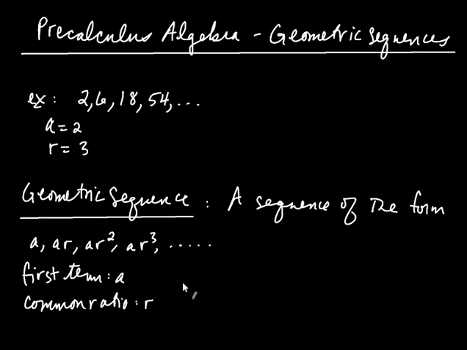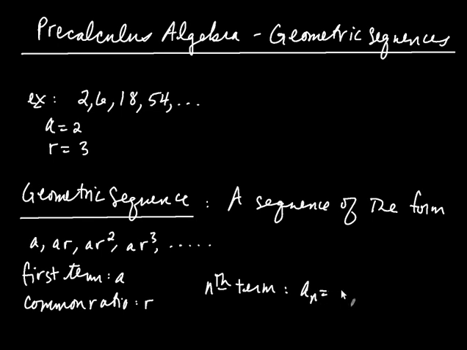It turns out you can also express the nth term of the sequence making use of A and R. So what term are you looking for? The 100th, 200th, 500th? Whatever term you're looking for, the nth term can be given by the following formula.